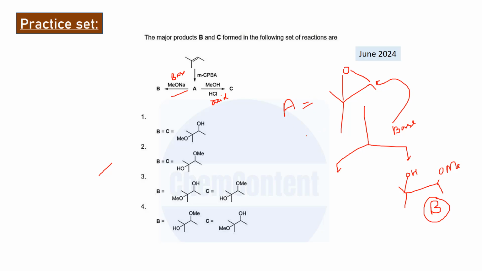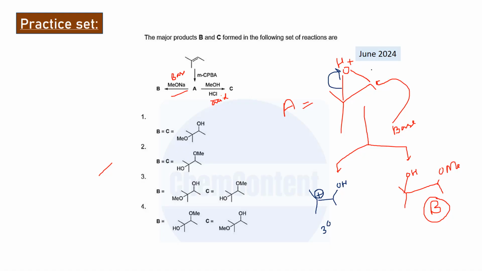Now when this reaction is acid catalyzed, the oxygen will be protonated first. After that, it undergoes a ring cleavage, which generates a carbocation at this center. Why is the ring cleavage not happening from this position? Because after the ring cleavage here, it generates a 3-degree carbocation.